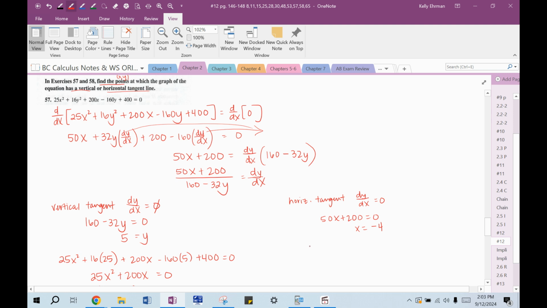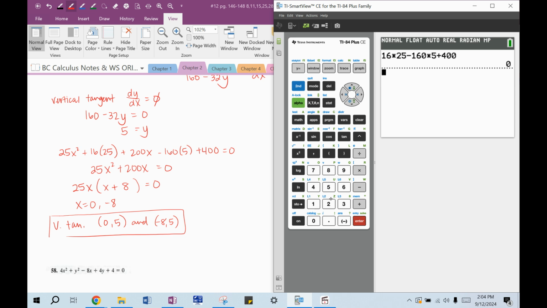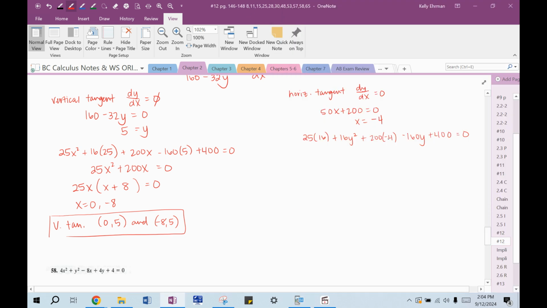So it's going to be 25 times 16 plus 16y squared plus 200 times negative 4 minus 160y plus 400 equals 0. I'm going to kind of guess that these terms cancel out again, but it was 25 times 16 minus 800 plus 400.